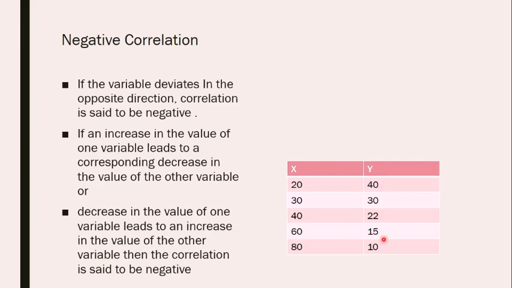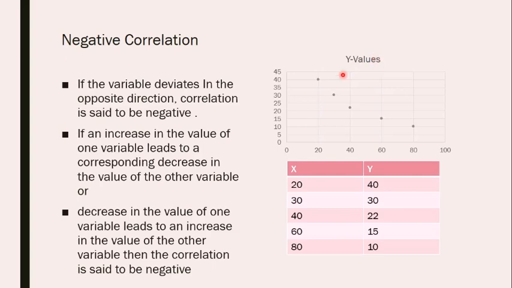Yes, it is a decrease that we see over here, from 40 to 10, while x goes from 20 to 80. So it is clear that both the variables have a tendency of moving in opposite directions. Now let's have a look at the graphical representation.